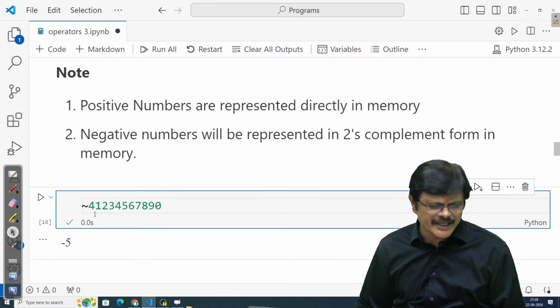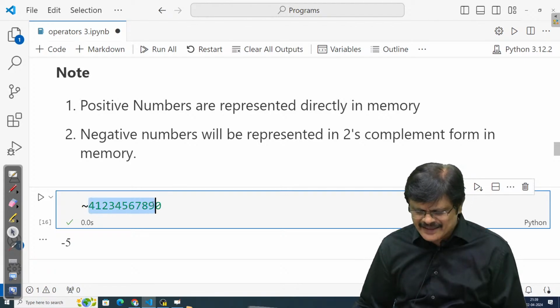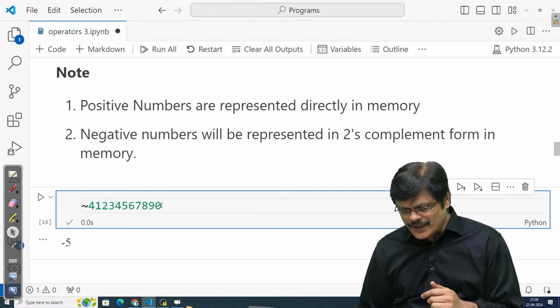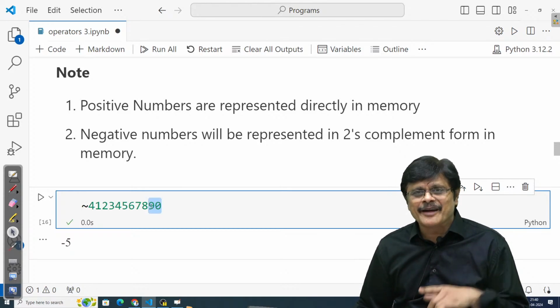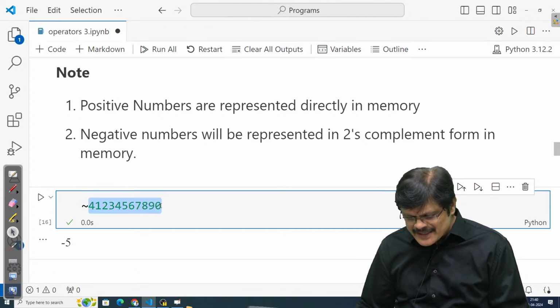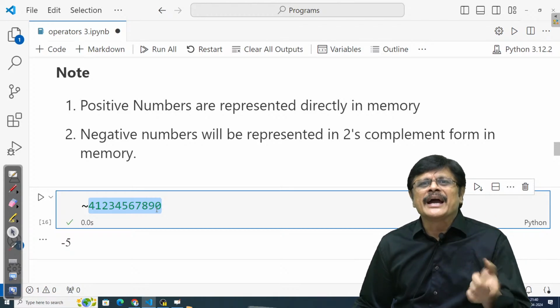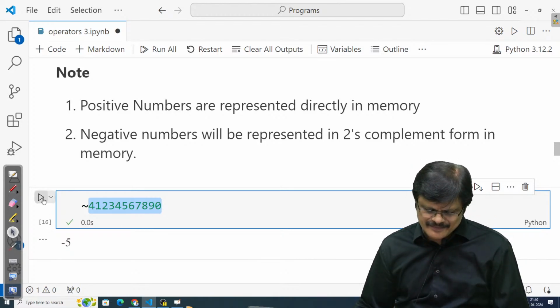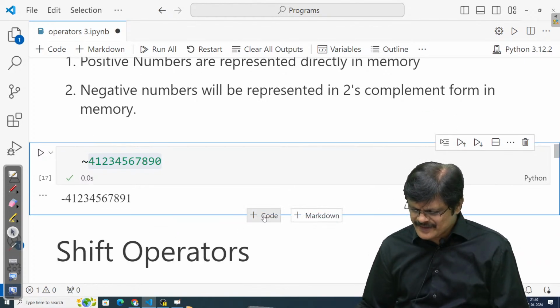Still you get the answer one more than that. So if it is 91, I am just talking about the last 2 digits, I am not reading the entire number, 91 but with a minus sign. So the same number plus 1 with a minus sign. That is, if you are having n, minus of n plus 1 is the answer. You take any big number, it works in Python.